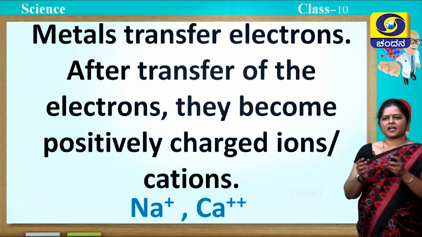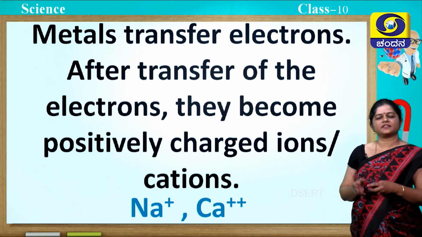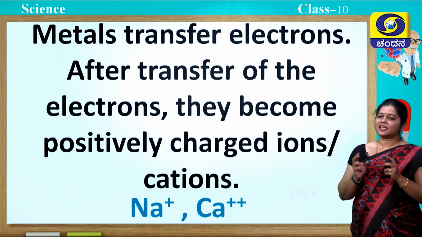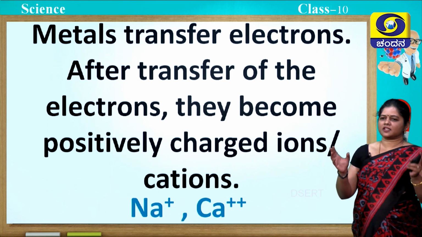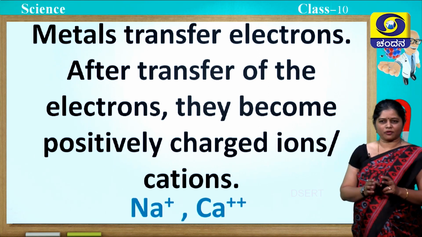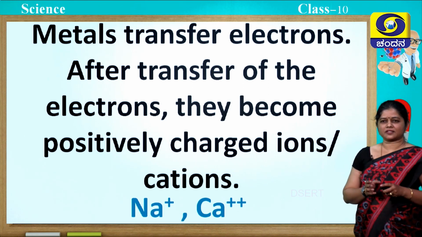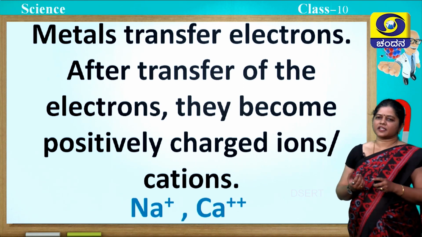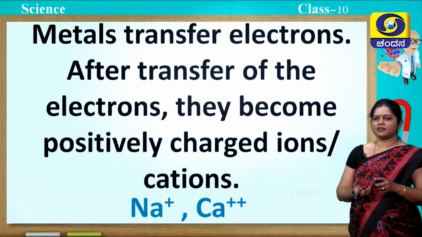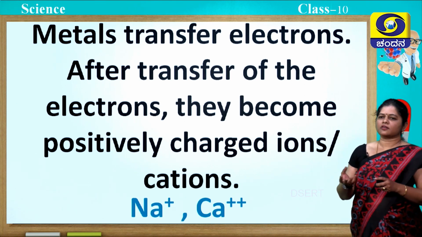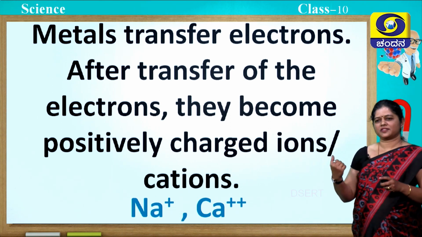Metals transfer electrons. All metals transfer electrons. After transferring the electrons, they become positively charged ions, also called cations. Whenever a metal transfers electrons from its outermost shell, its valence shell, it loses electrons and gains a positive charge.